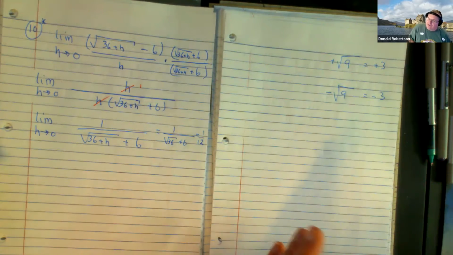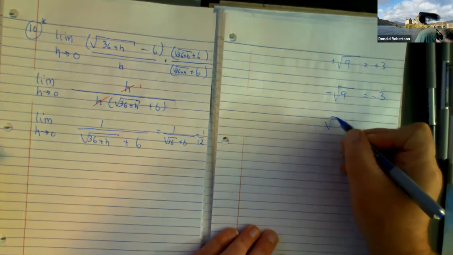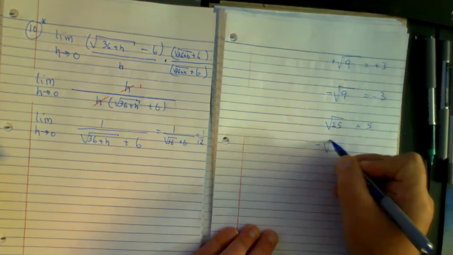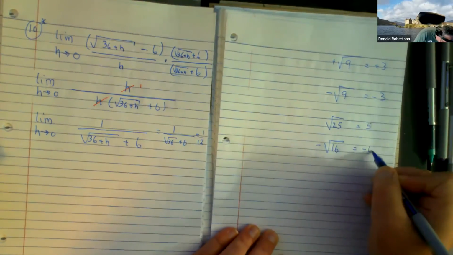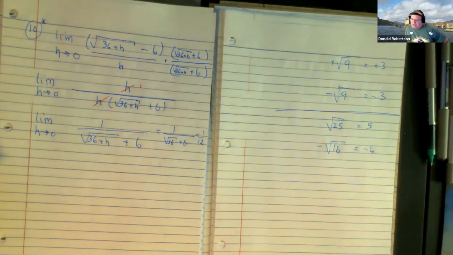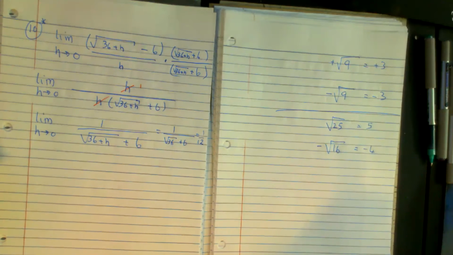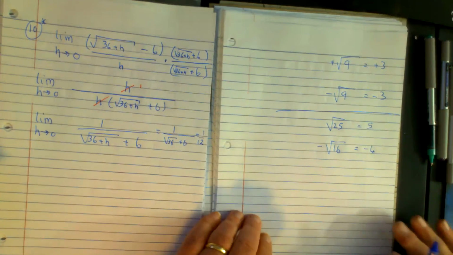But we are not solving equations here. We are just evaluating a square root. And the rule for square roots is that guy is 5 and that guy is -4. You see the plus or minus is included inside the question, right? What they tell you is what it is. That makes sense? Yeah, it does.